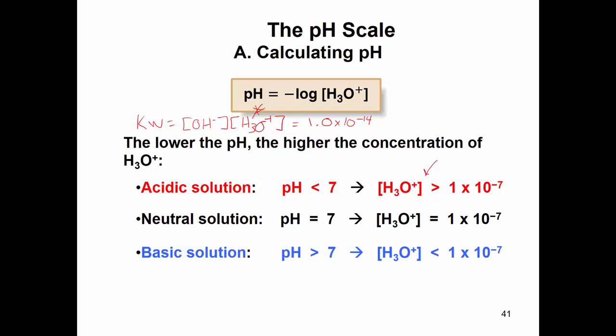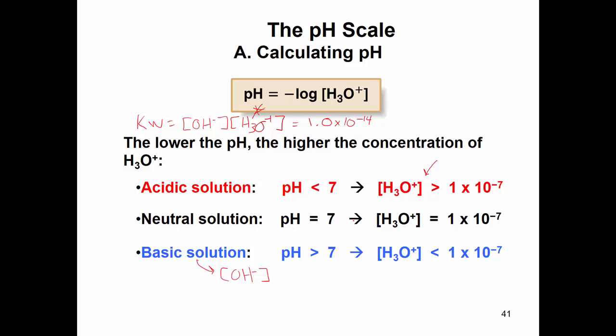If we have a basic solution, our pH is going to be greater than 7, and the hydronium concentration is going to be less than 1 times 10 to the negative 7. So there's going to be a higher concentration of hydroxide here. Remember, because bases have more of this in the solution.